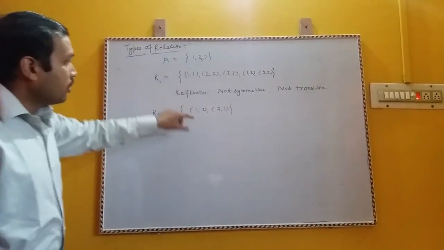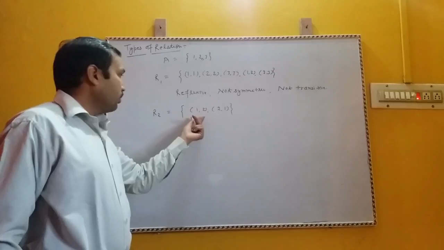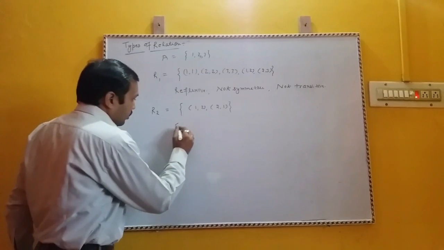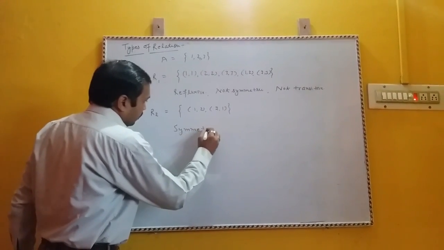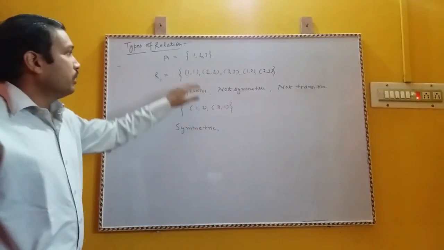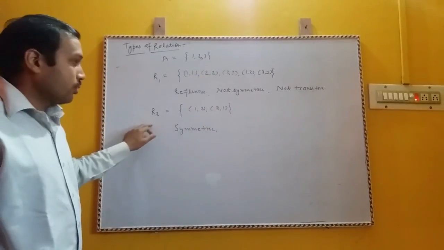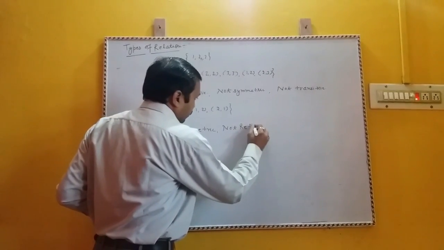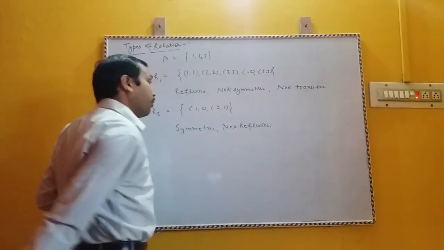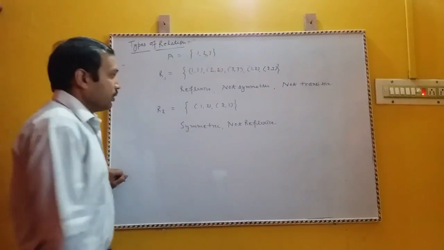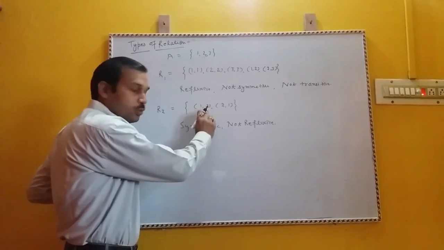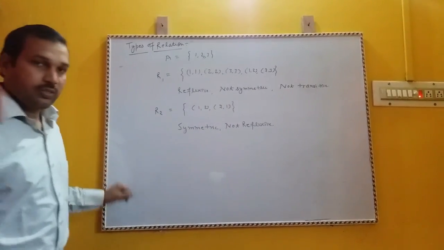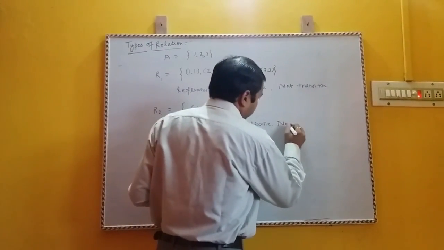This relation is obviously symmetric only, with the ordered pair in reverse order, (1, 2), (2, 1). It is not reflexive since (1, 1), (2, 2), (3, 3) do not belong to R2. Also it is not transitive since here we have (1, 2) belongs to R, (2, 1) belongs to R, but (1, 1) does not belong to R. So it is not transitive.